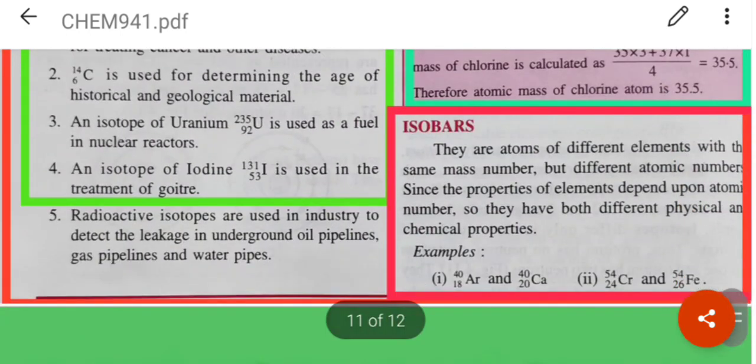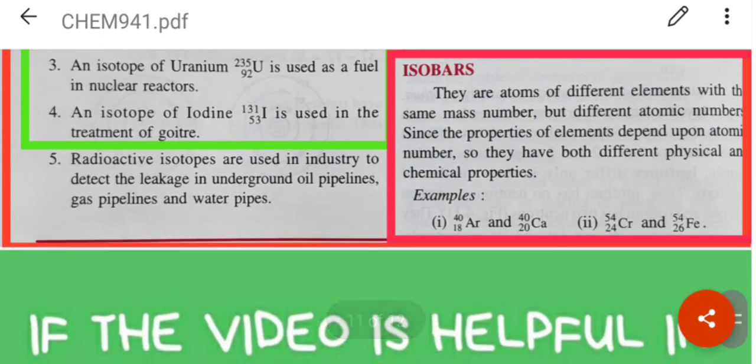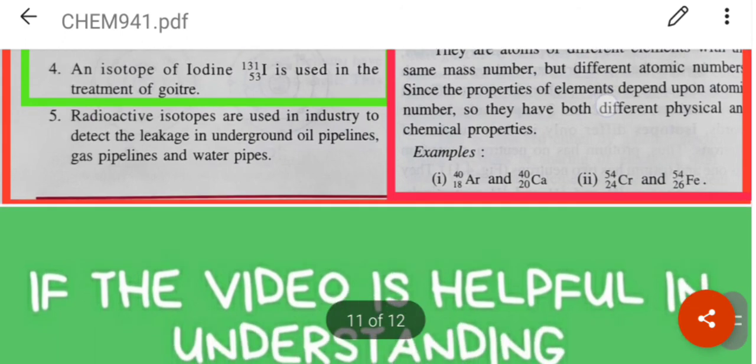Now there is a set of elements called isobars. They are atoms of different elements, but they have the same mass number and different atomic numbers. That means they will have different physical and chemical properties. Why? You see, only the mass number is the same.